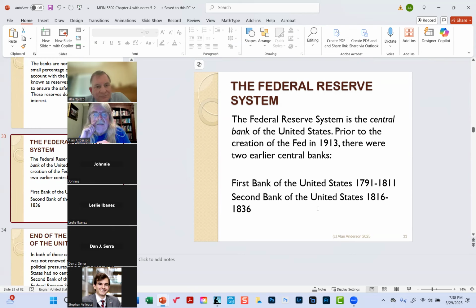So you can imagine the economy was very volatile after that, and there were a lot of depressions and recessions during the 19th century. Interestingly enough, around the Civil War, there was a period when states could issue their own currencies, and even individual banks could issue their own currencies.